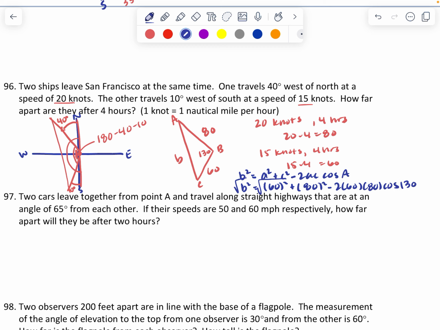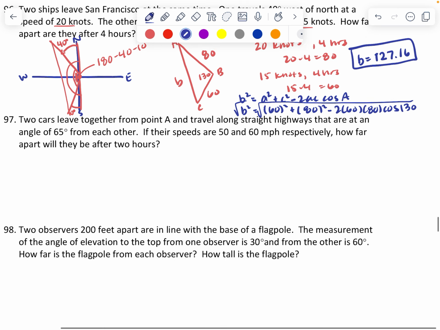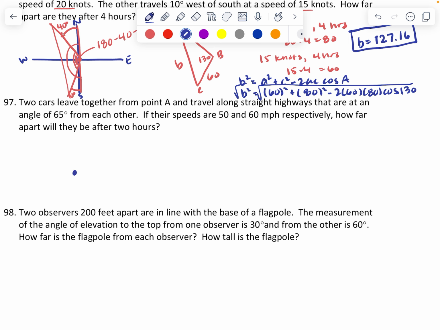I'm going to square root that and plug it in exactly the way that I see it. So the square root of 60 squared plus 80 squared minus 2 times 60 times 80 times the cosine of 130. And for this one, I got that the distance between the two ships is about 127.16 nautical miles.